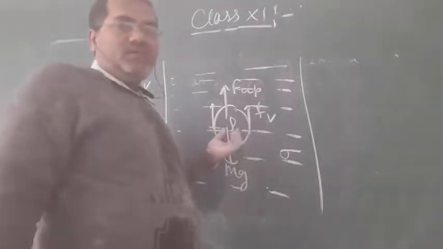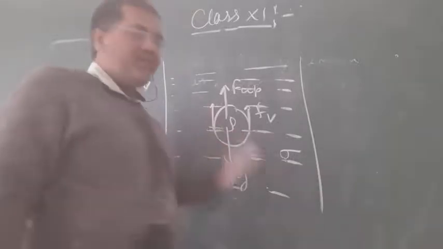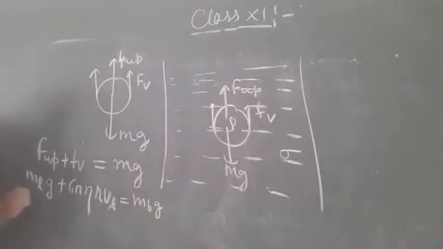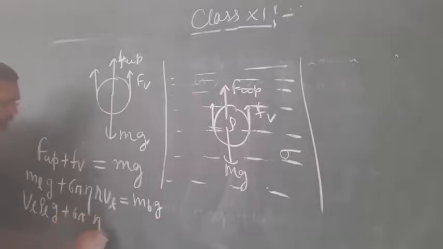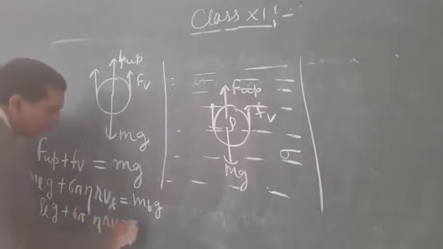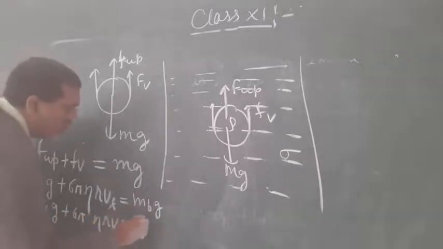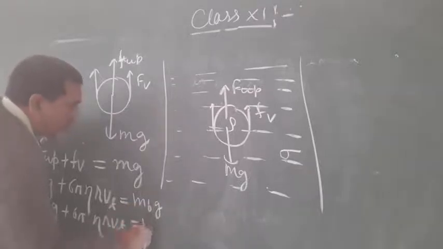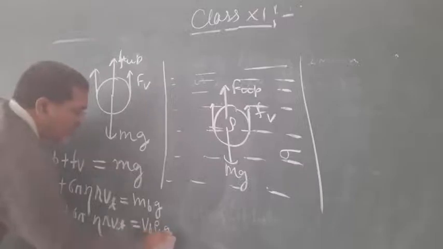So upthrust is volume of liquid displaced times density of liquid times g, plus 6 pi eta r v_t equals volume of body times rho of body times g.